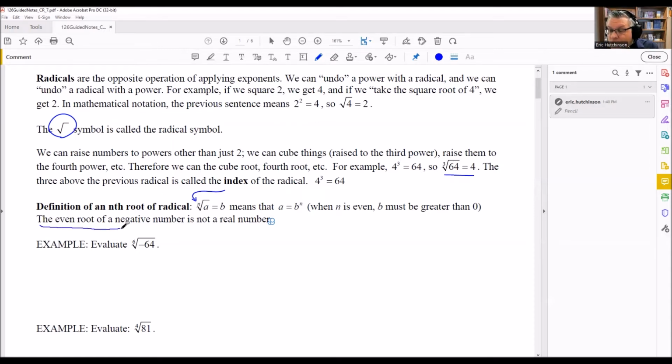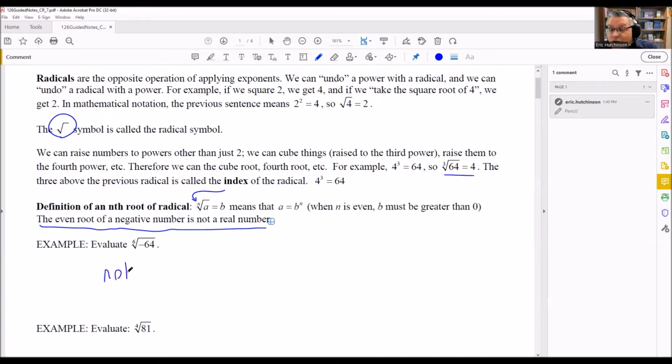Now, here's one thing that's important to note. The even root of a negative number is not a real number. So for instance, that's going to apply to this first example that we have here. Whenever the index, the little number there, is even and the number inside the radical is negative, that's not going to be a real number. It only happens when you have an even root and a negative number inside.